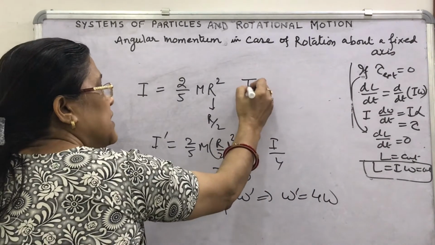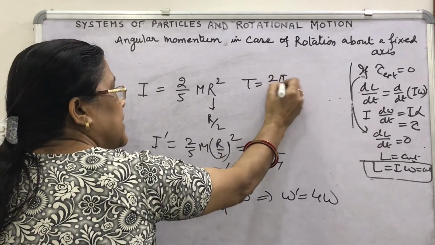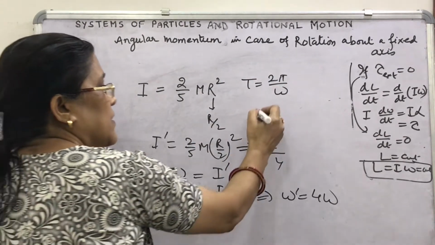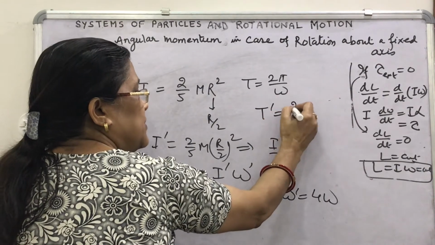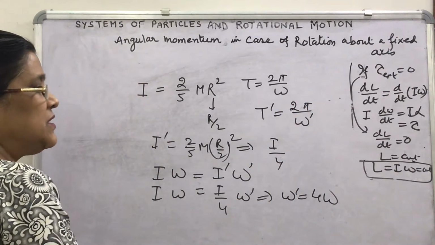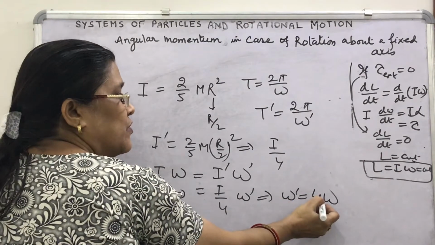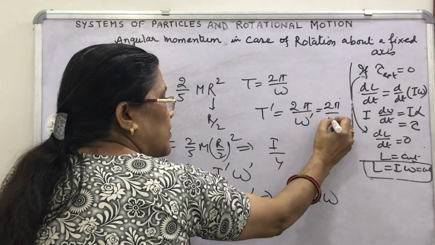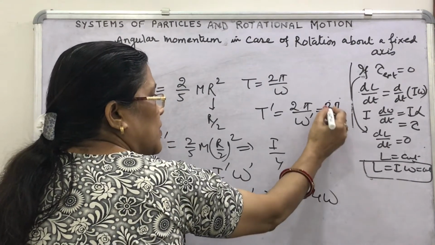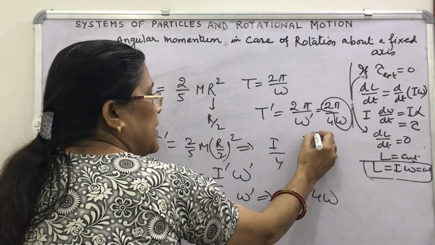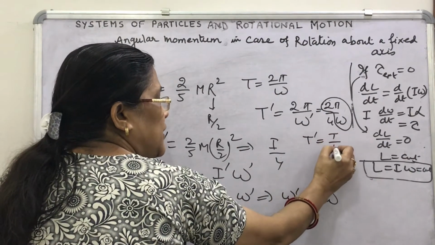The duration of the day is T equals 2 pi upon omega. In the changed position, you will find T dash is 2 pi upon omega dash. What is omega dash? 4 omega. In place of omega dash, you write 4 omega, then T equals 2 pi upon omega, you put here, then T dash is T by 4.